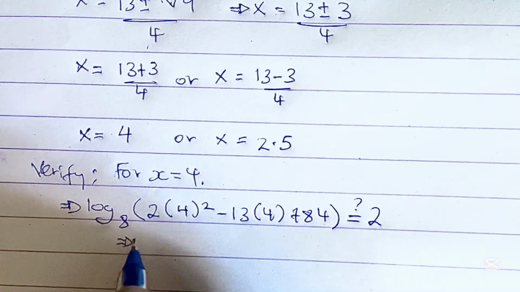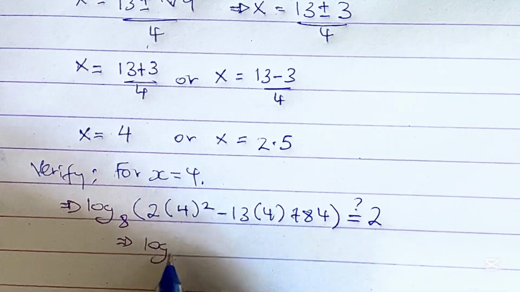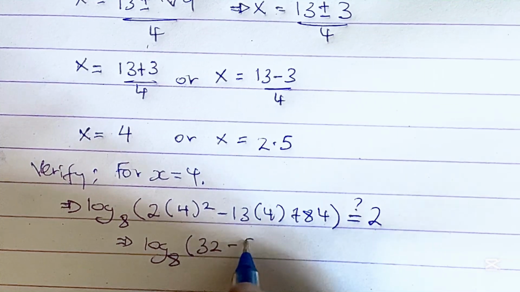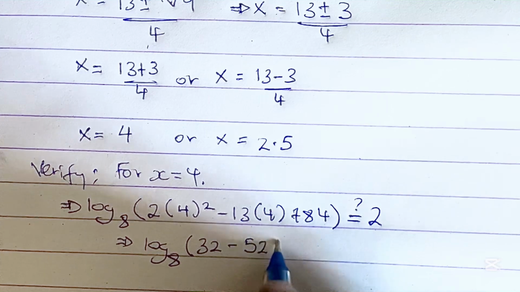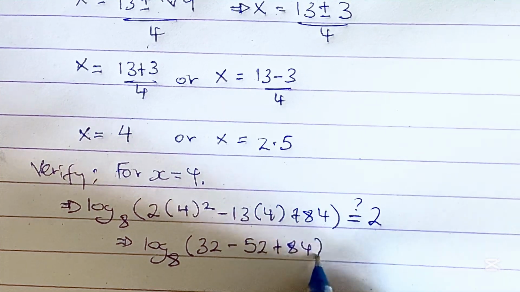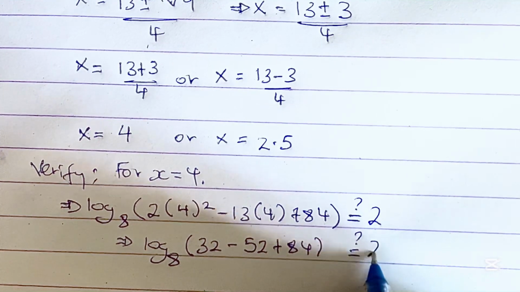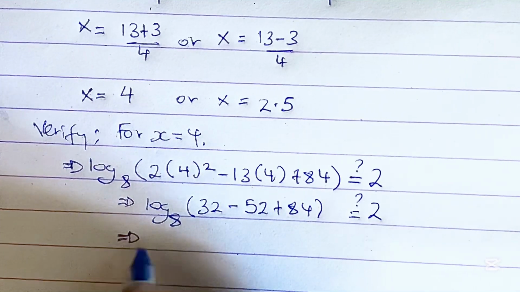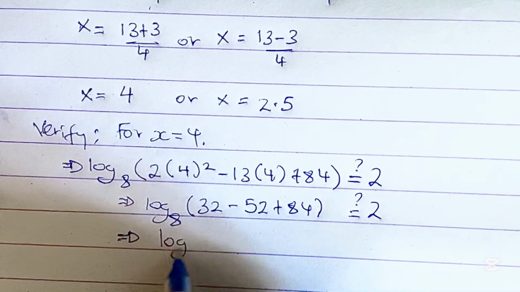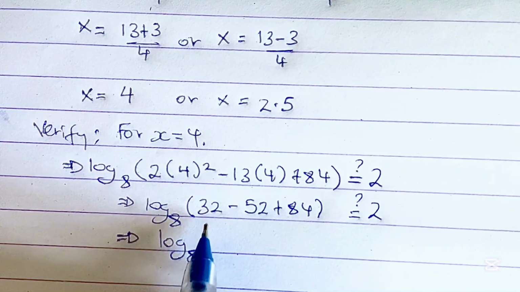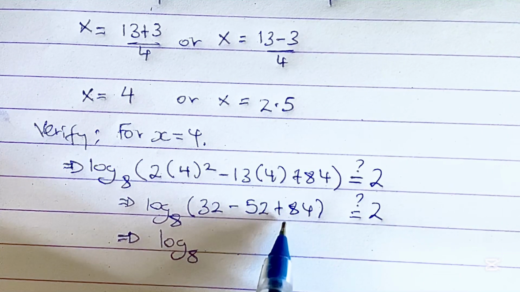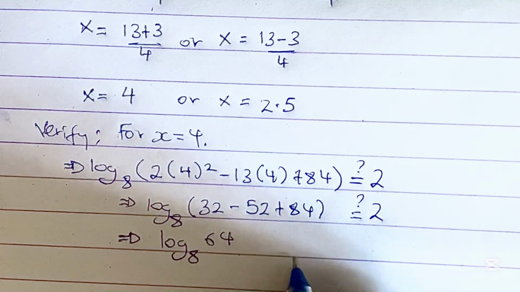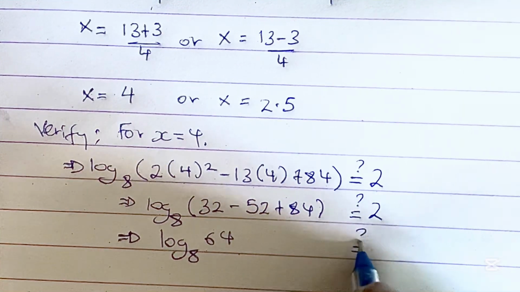So log 8 of 32 minus 52 plus 84, which is 64, should be equal to 2.